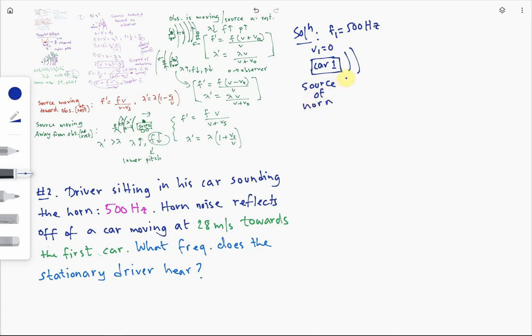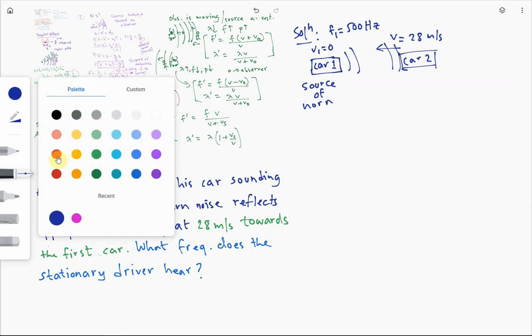Now there is a second car that is approaching the first car. Let's call it car 2, approaching the first car at a speed of 28 meters per second. What happens is the horn noise comes in and then reflects off of the second car as it moves towards the first car.